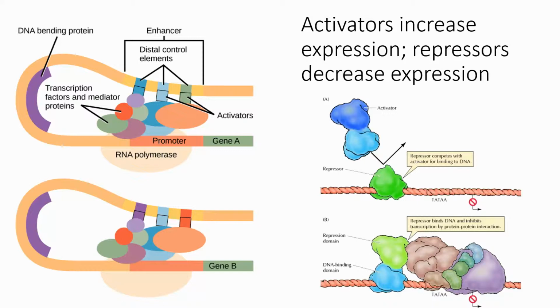Repressors are going to decrease the likelihood that it's transcribed. You can get combinations of activators and repressors, and it just depends on which one you have more of. If you've got more activators, then it'll make it more likely that RNA polymerase will bind. If you've got more repressors, it might make it less likely.